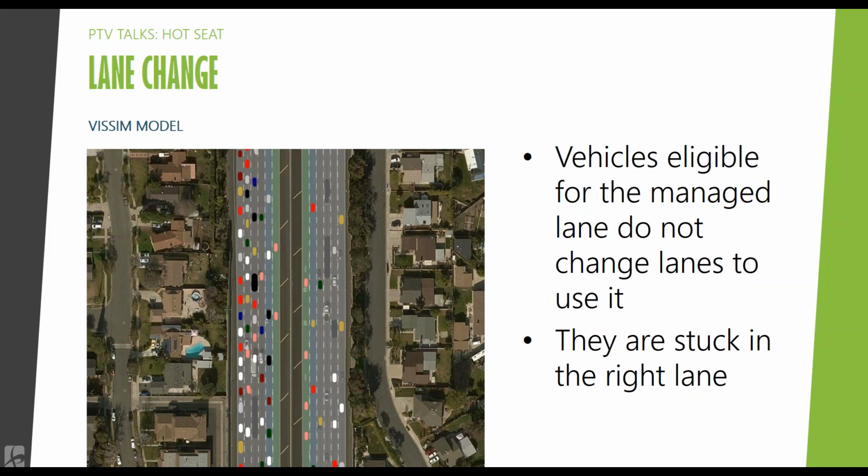Now, actual drivers, of course, will know when they merge onto the freeway and they're a carpool that they want to get over, and so they will look for opportunities to change lanes and eventually merge over and use the carpool lane.